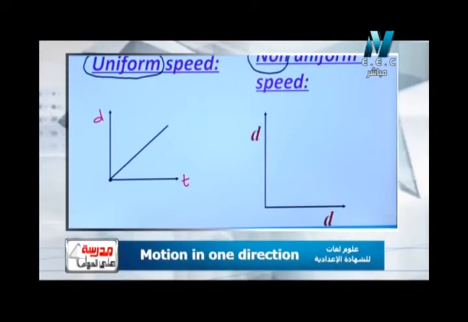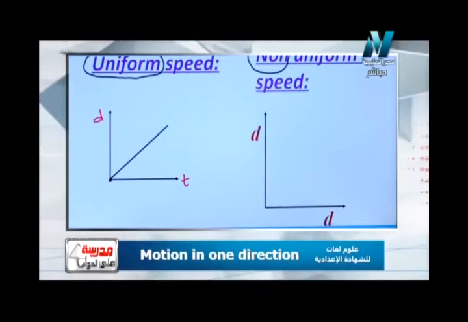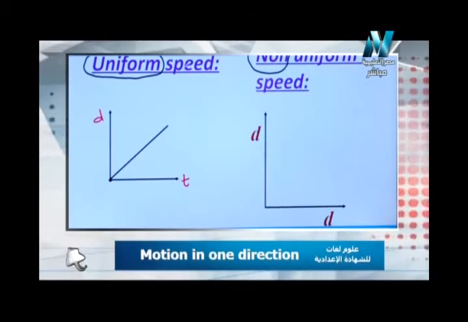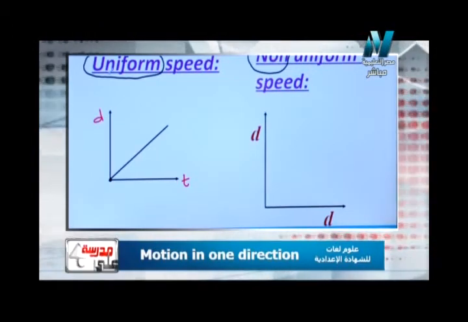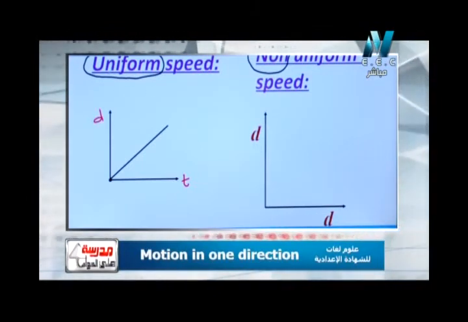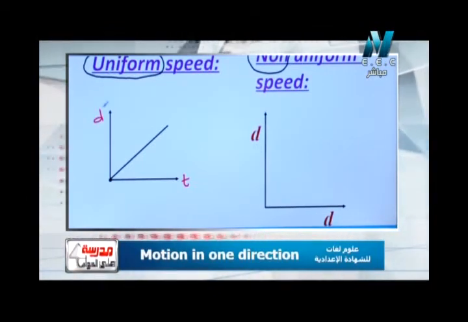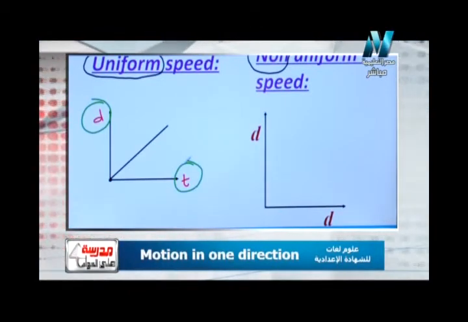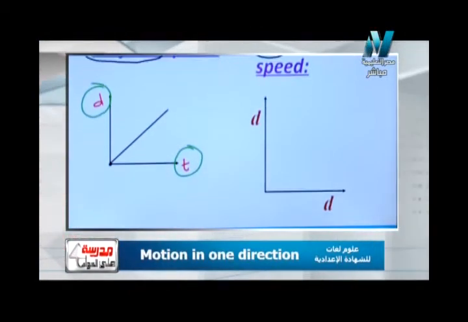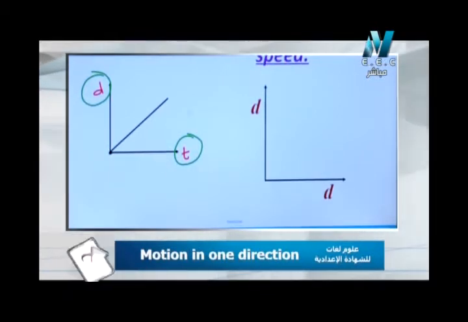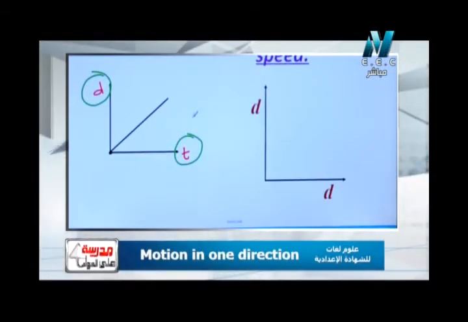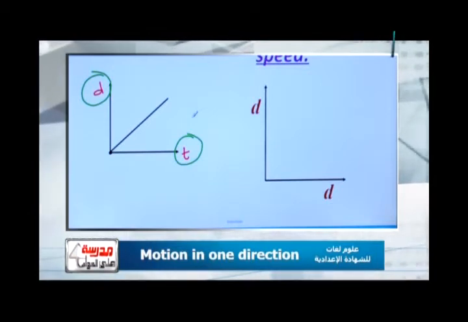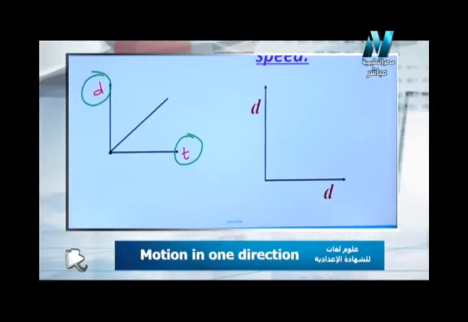Why do we represent this relation between distance and time in uniform speed by a straight line? Because in this relation the body covered equal distances at equal periods of time. But on the other side, we have another relation, where the body covered equal distances at unequal periods of time, or vice versa.